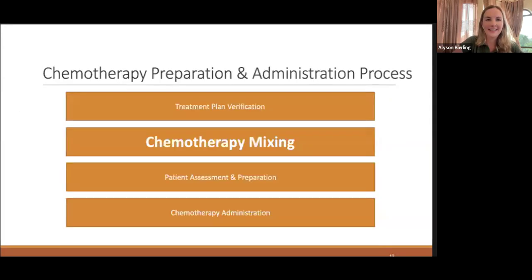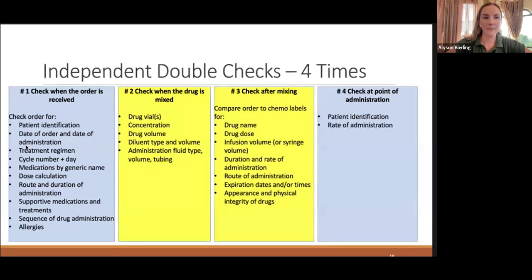The next step in our chemotherapy preparation and administration process is chemotherapy mixing. Coming back to our independent double checks, during the mixing process, the double check should happen at 2 different points.